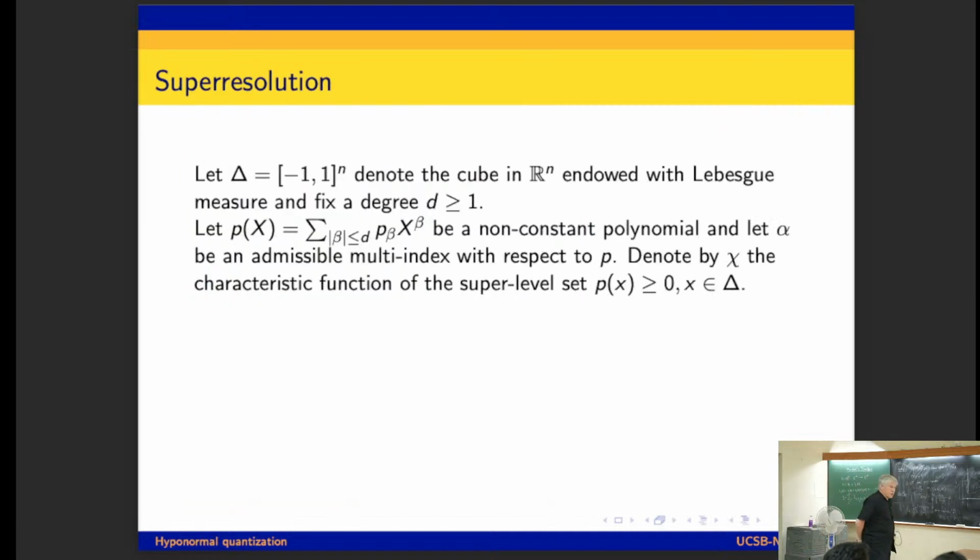Super resolution. So we know that quadrature domains, or in general, the principal sub-level sets, semi-algebraic sets, are determined by finitely many moments.